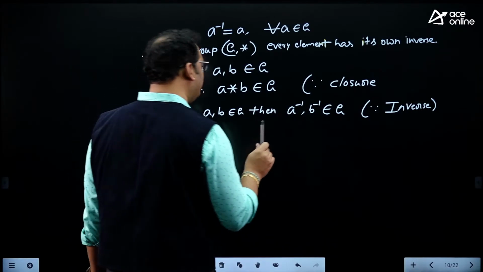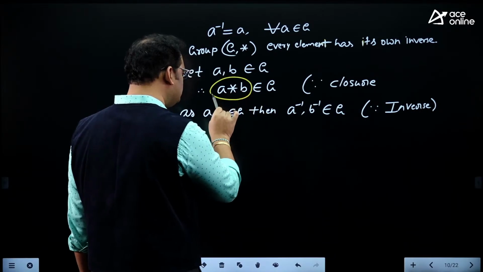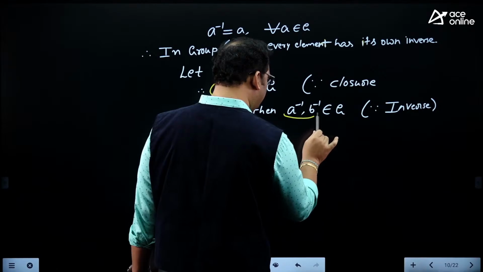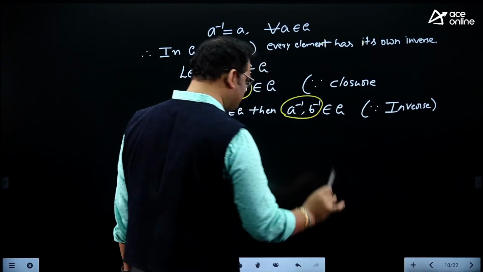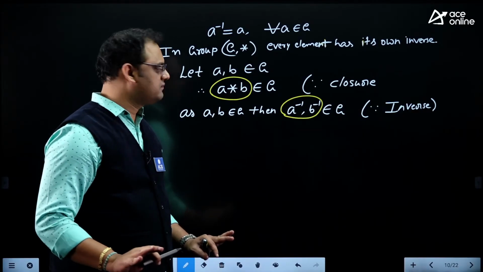Now what I operated is, I started that first A star B belongs to G. I confirmed this point. And second point is A inverse B inverse also belongs to G. Are these 2 points clear?